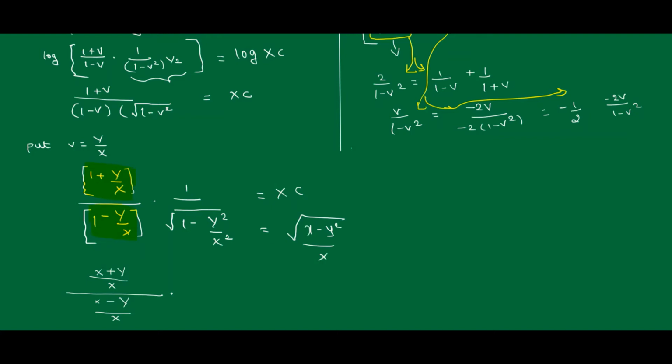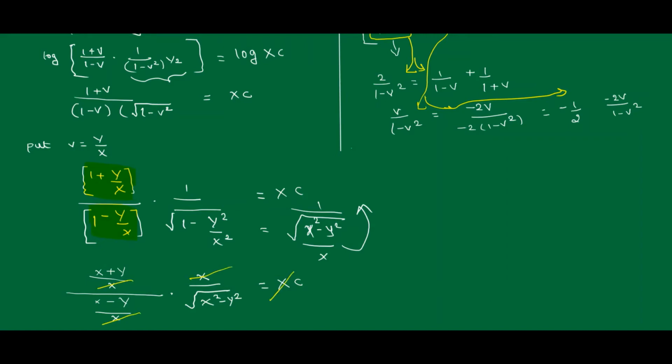We can write it as X square minus Y square divided by X, this is 1 divided by, and if you transpose you can write it as X divided by square root of X square minus Y square is equal to capital X into c.